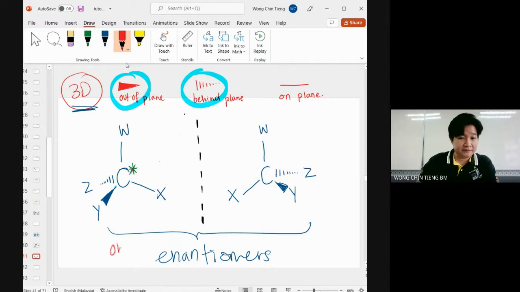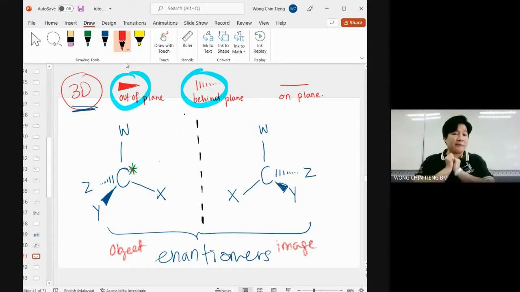Kalau faham, do me one little favor. That is my object. That is my image just now. Okay? Cuba sekarang imagine, kita memang tak boleh nak ambil dia lah. Cuba imagine kamu ambil image tu, bergerak ke kiri, letak atas objek. Ambil, letak atas objek. Bertindan tak? Dia bertindan, tapi bertindan 100% tak? Tak.